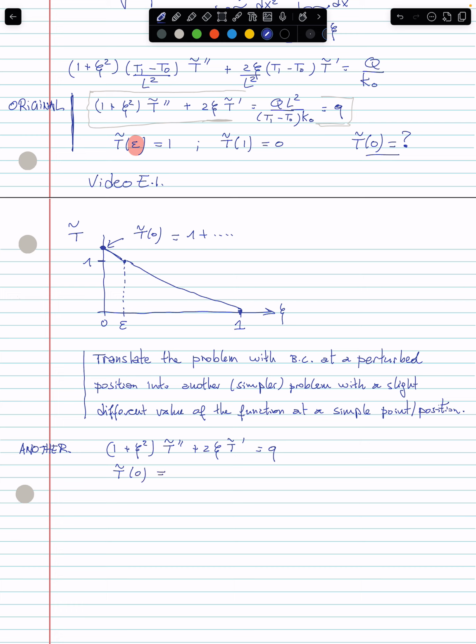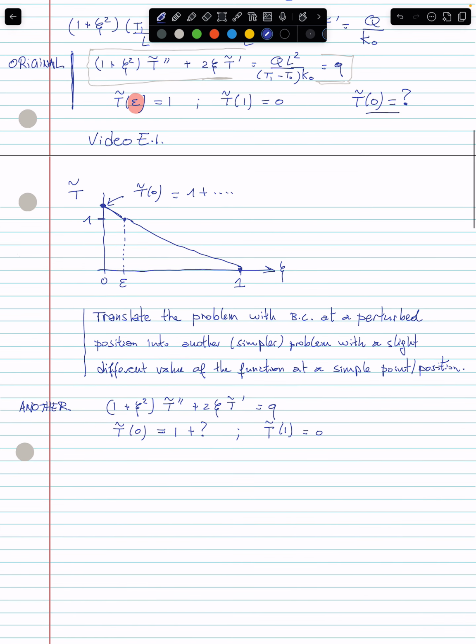the boundary condition is changed into a boundary condition at a simpler place or location. This is what I mean by a simple point or simple position or location in space.